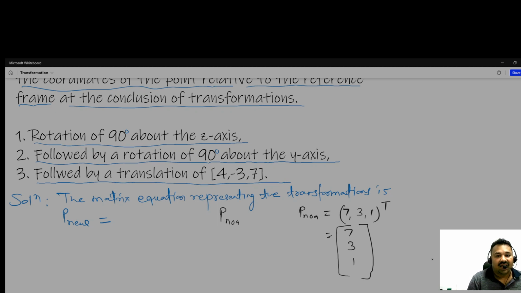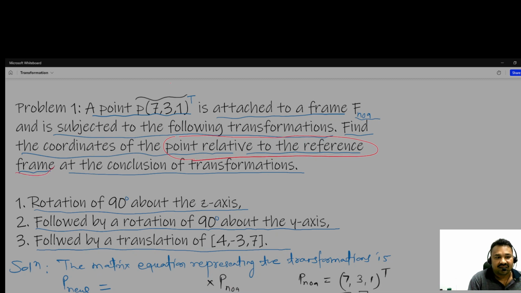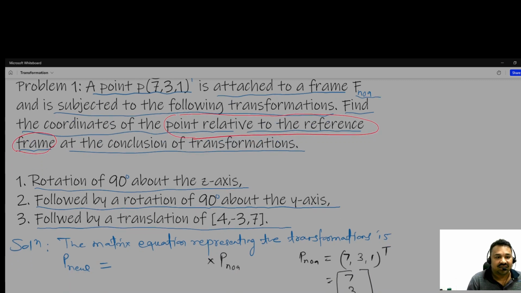Okay, and whether it will be pre-multiplied or post-multiplied. So see here, the point relative to the reference frame. Okay, so reference frame में क्या होता है? Pre-multiplied, and pre-multiplied ये point के just बाद आपको देखना है what is the first transformation. So first transformation, we are going to denote R Z and a 90 degree.